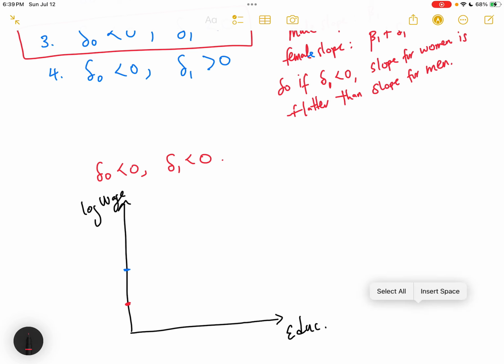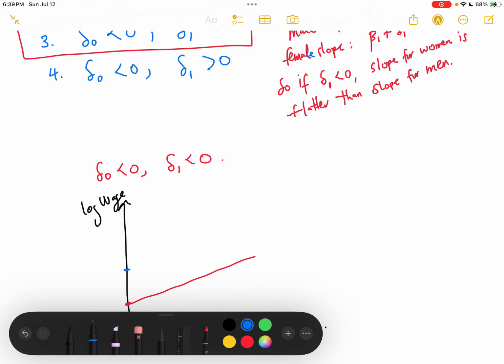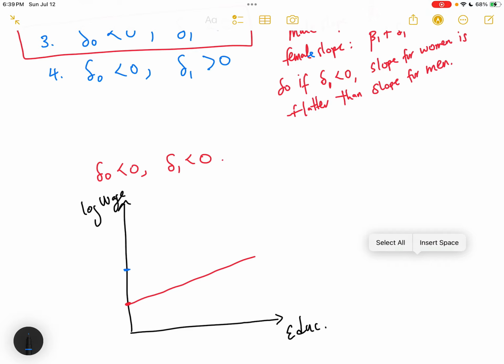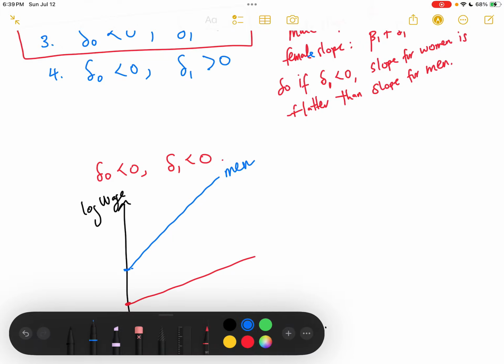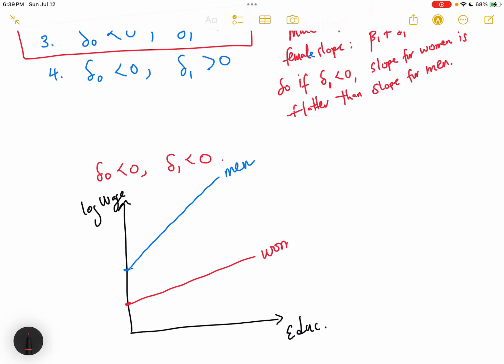So I'll draw the female slope first, make it flat, something like this. And then I'll draw the male slope, make it so that the female slope is flatter than it, so the male slope will be like this. And so here, blue is men, and red, women. Now, the question is, can you do the others?